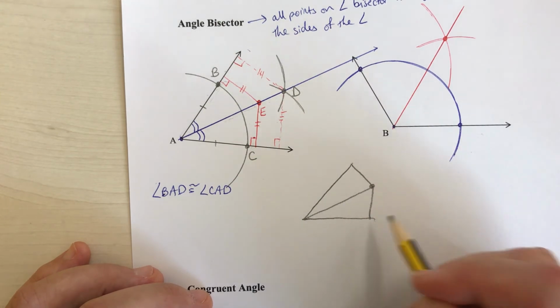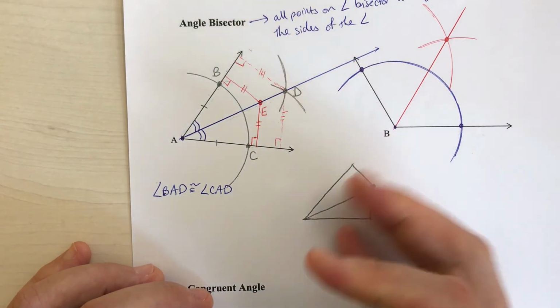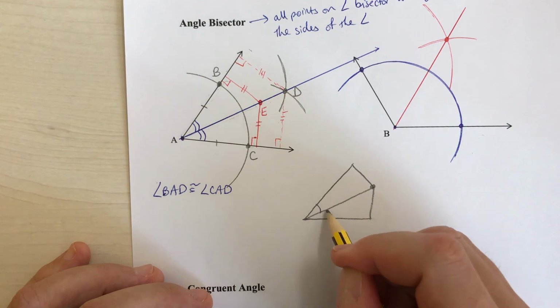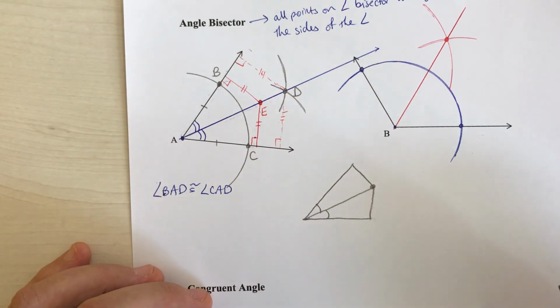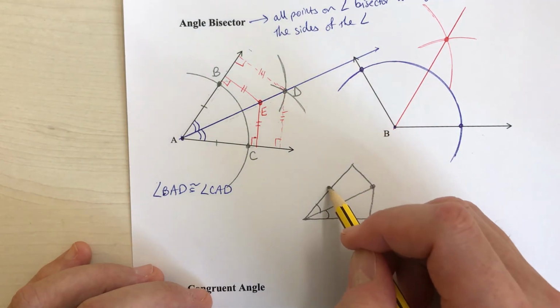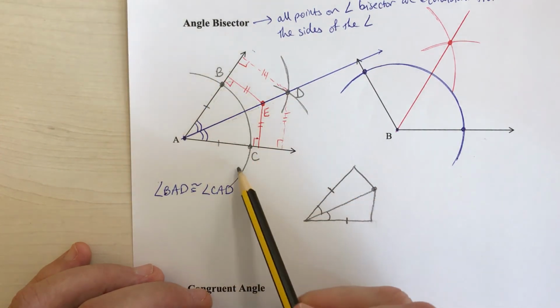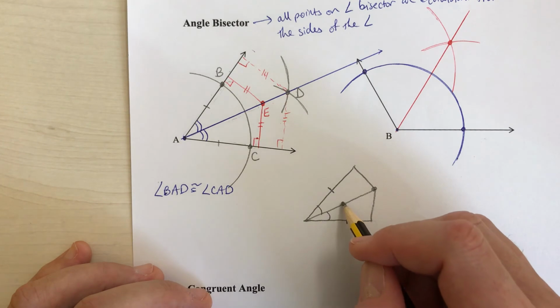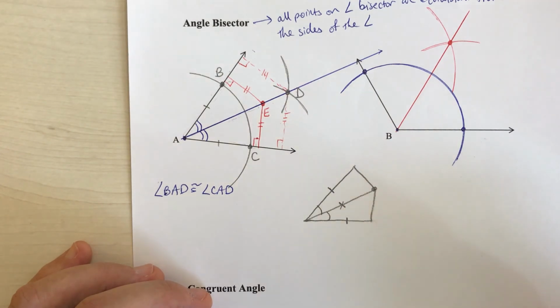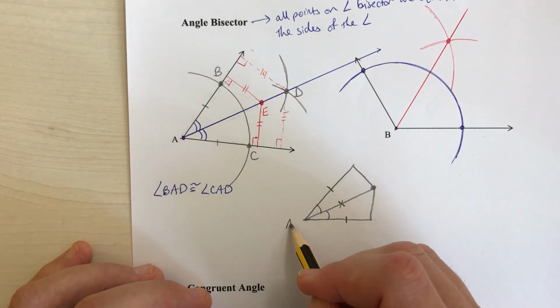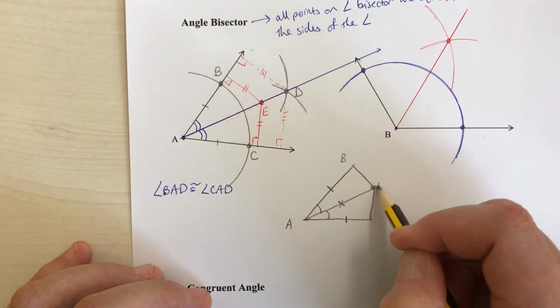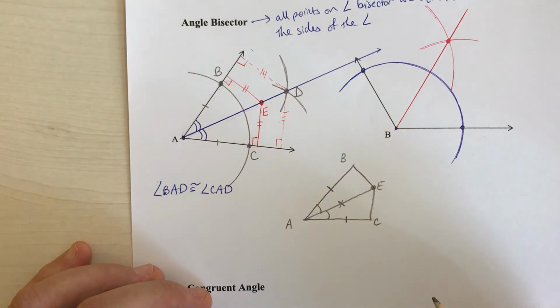Okay, something like that. We bisected the angle, so we know that those are congruent. We know that these are congruent because they were drawn using the same arc. And we also have a common side here. So let me label the points here, A, B, E, and that's C.